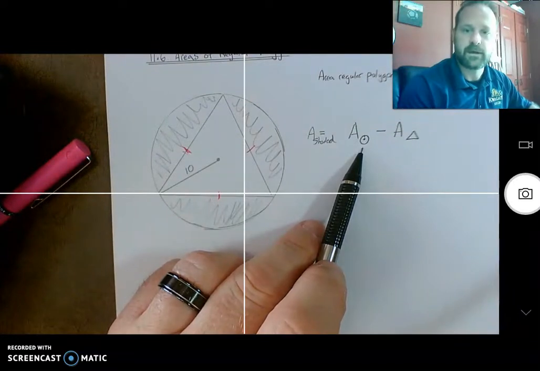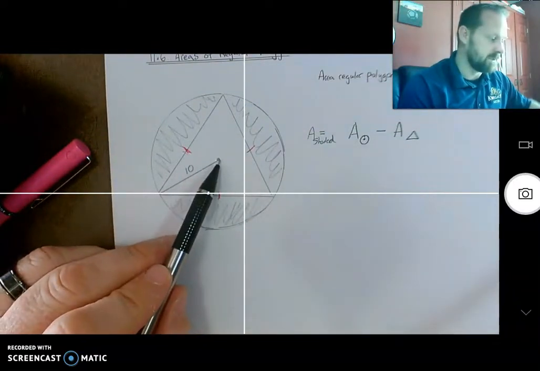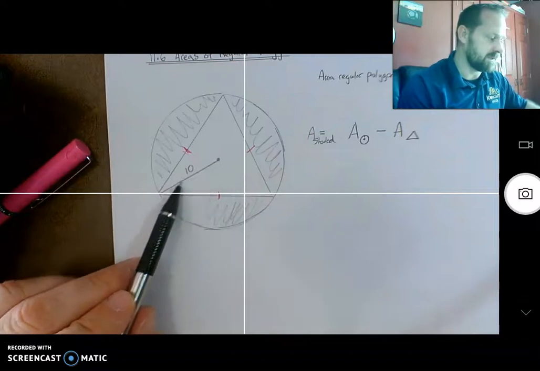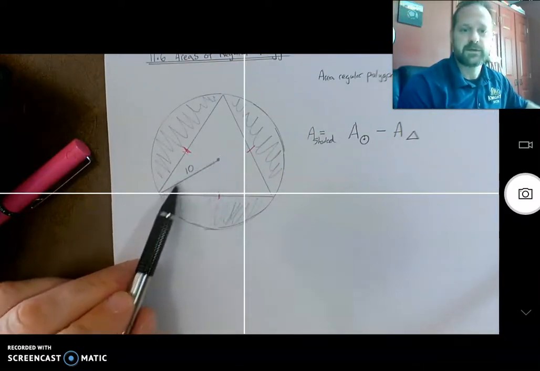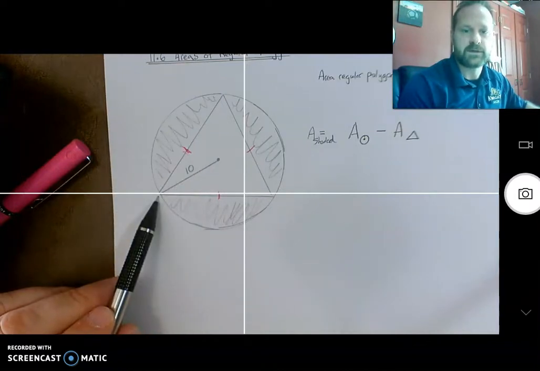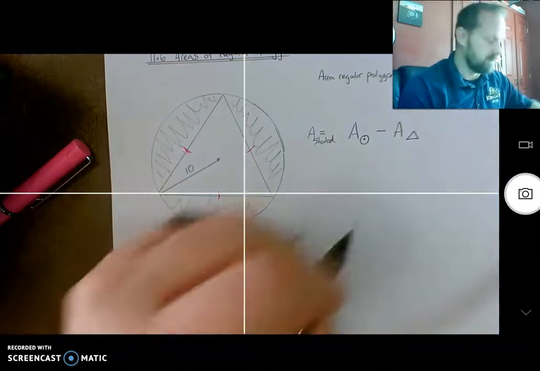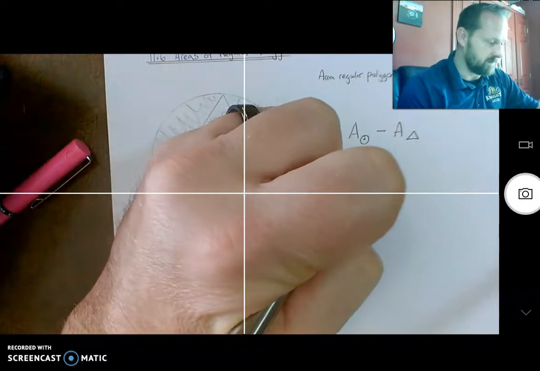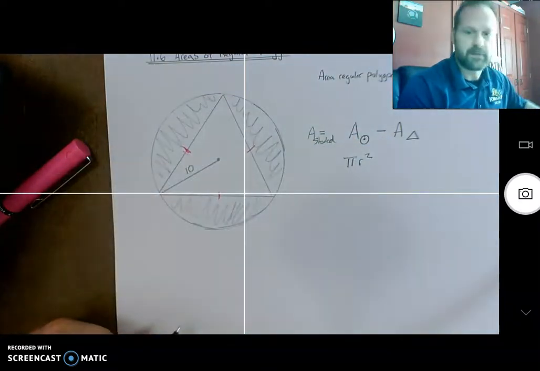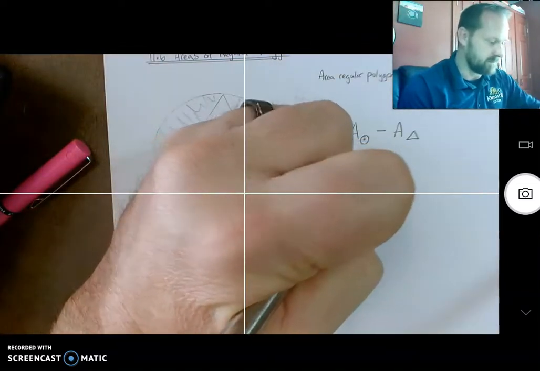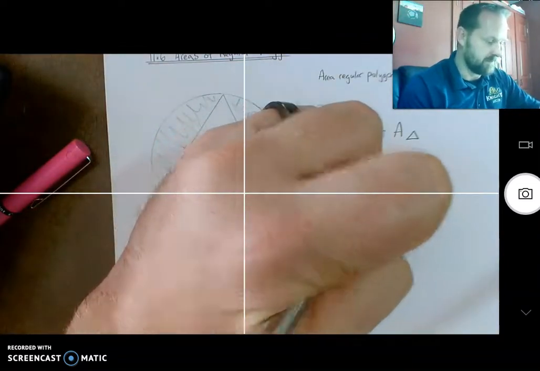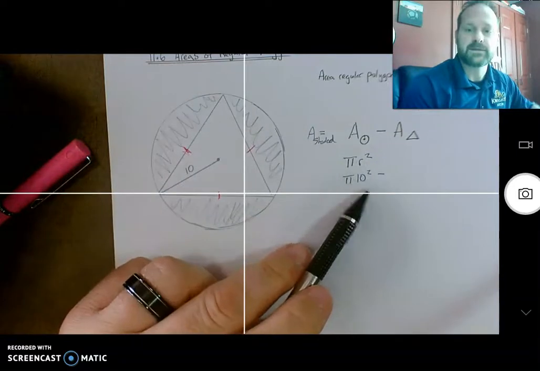Wait, no we can't. Oh, yes we can, because the apothem in this case is the radius of the circle. So the area of the circle is pretty easy. Area equals pi r squared. In this case it's 10, so pi times 10 squared.